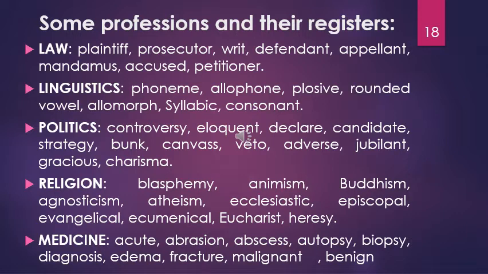In politics, we have words like controversy, eloquent, declare, candidate, strategy, and so on and so forth. In the government, we have words like constitution, which refers to the legal document that contains the rules and regulations according to how a country should be governed.